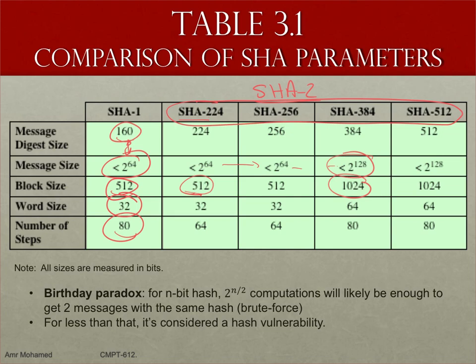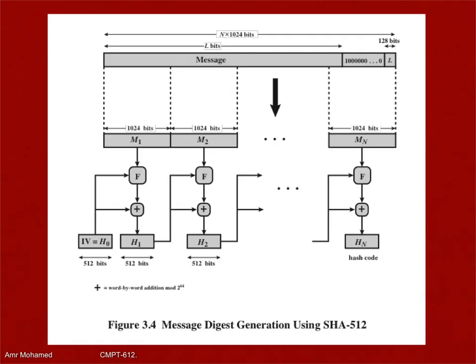So this is the birthday paradox. For n bits of hash, we can always create some collision with a complexity of 2 to the power n divided by 2. Okay? So that's how to produce the hash.